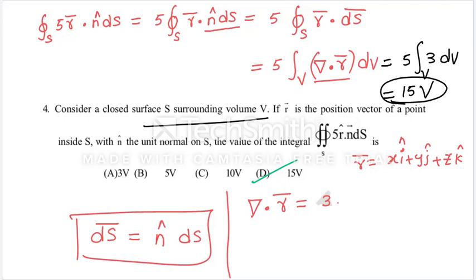Now shall we move to the next problem and see this. A vector field D is given as D equals 2 rho square a rho plus z a z in a cylindrical system, and they ask you to find the closed surface integral of D dot dS.